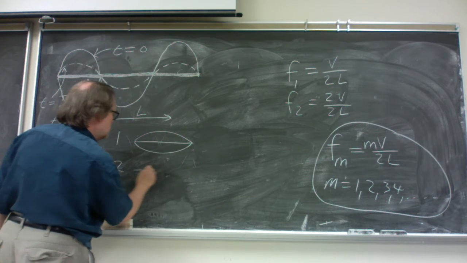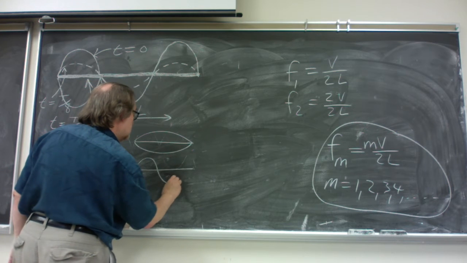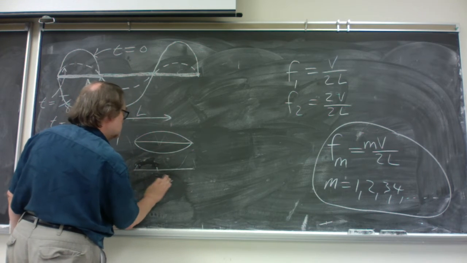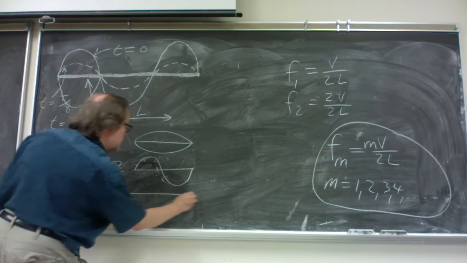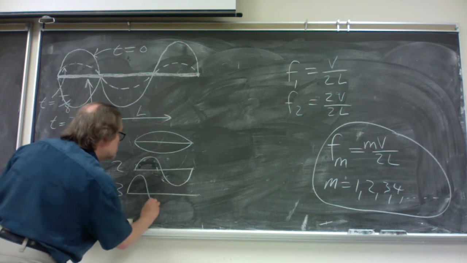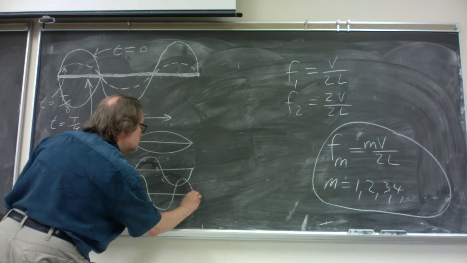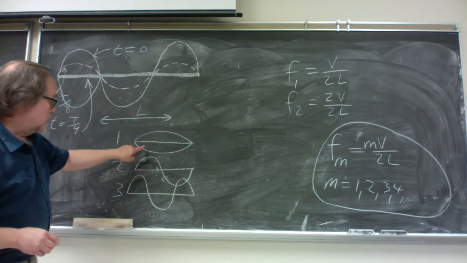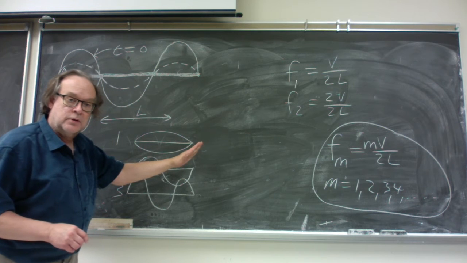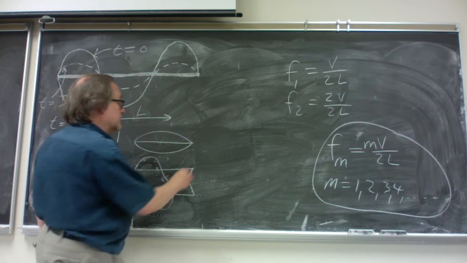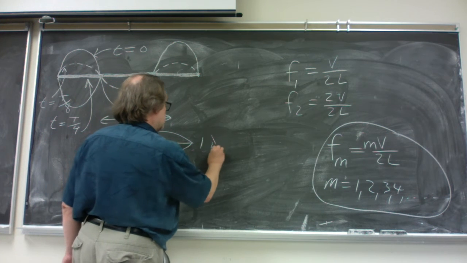For frequency 2, vibration like that. And for frequency 3, you got a vibration like that. Well, here, node to node is half a wavelength, so there's 1/2 wavelength that fits in that system.